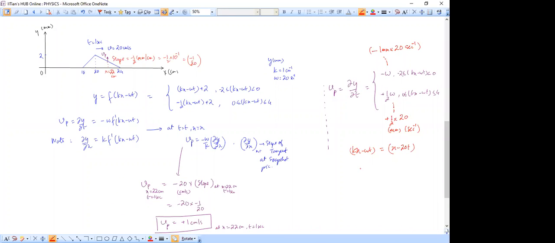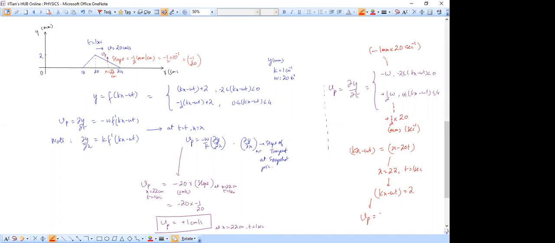Okay, so x equal to 20, t equal to 1 second, it is equal to 2. Okay, so the particle velocity should come in this category.